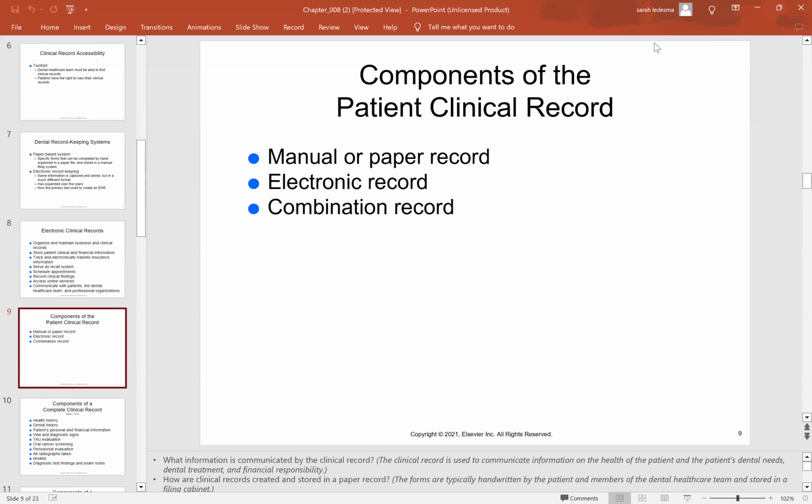Components of the patient clinical record include a manual or paper record, electronic record, or a combination.